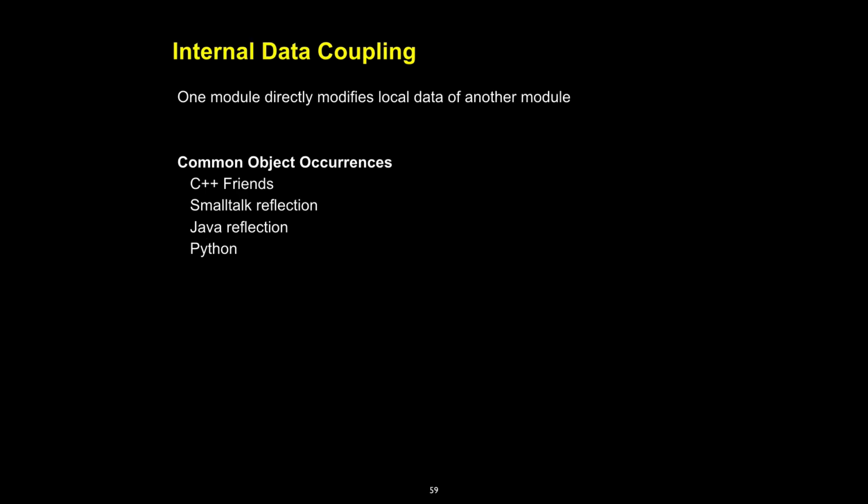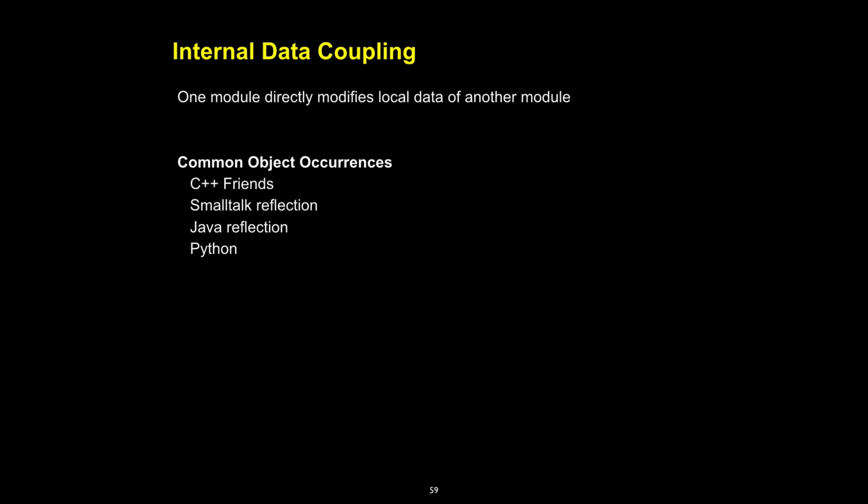Internal data coupling, when one module directly modifies local data of another module, right? So in C++, there's things called friends, and you say this class is a friend of that class. What that means is this class can access and modify the private data members of this class, right?